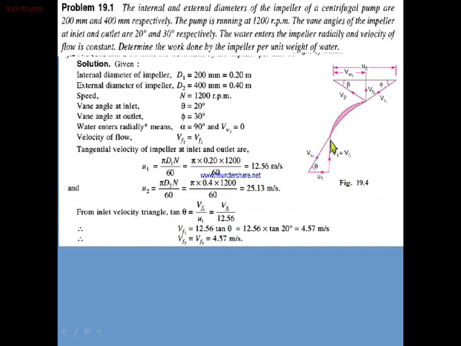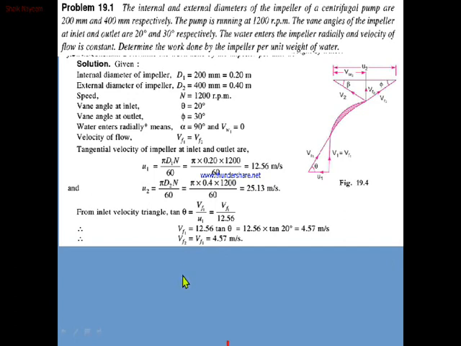With the help of this triangle, tan theta equals Vf1 by u1. u1 we already know. Then we need to calculate Vf1. So Vf1 will be calculated with this formula, and we'll get the value 4.57 meter per second. So Vf1 is equal to Vf2, so we'll get 4.57 for Vf1 and Vf2.